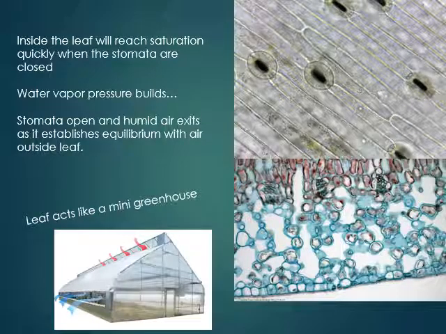So inside a leaf, we have the spongy mesophyll. You see these spaces that become very saturated with water vapor, and that water vapor escapes through stomata into the environment, just like a greenhouse vents water vapor out its vents. It's really helpful if you think of a leaf as a greenhouse, because that sort of makes sense to us, our concept of venting it out.